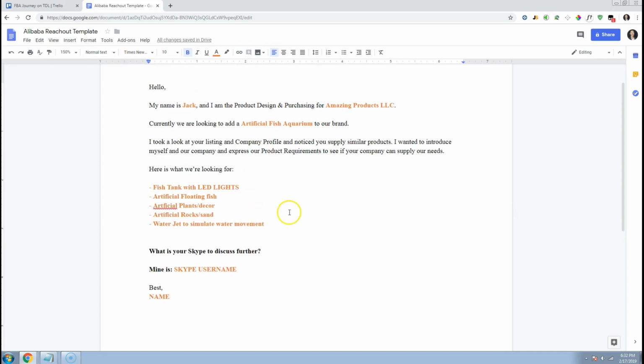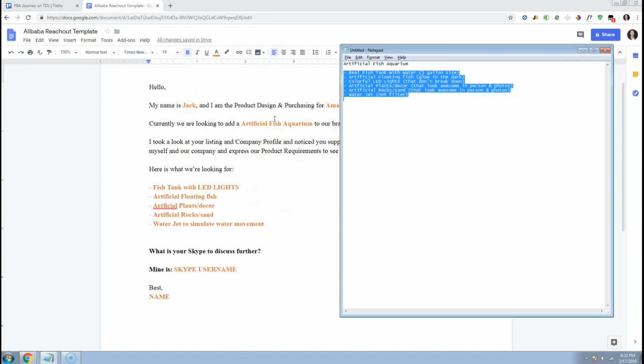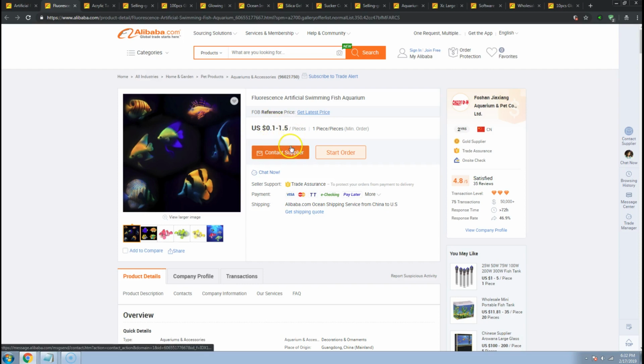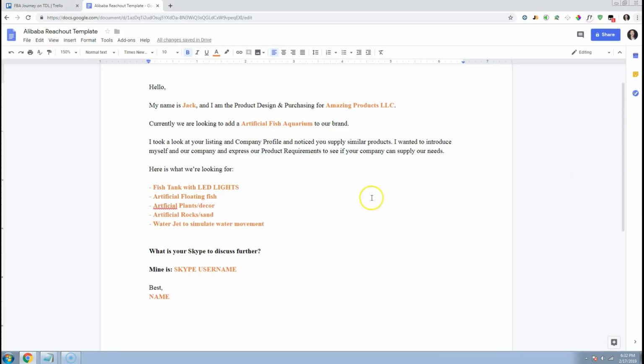Because Alibaba's platform, the messaging center kind of sucks. Like the template and the formatting looks really weird. It's really clunky, and the platform loads really slow, and you get bombarded with all kinds of things. What you're really looking for is to just get their Skype information.